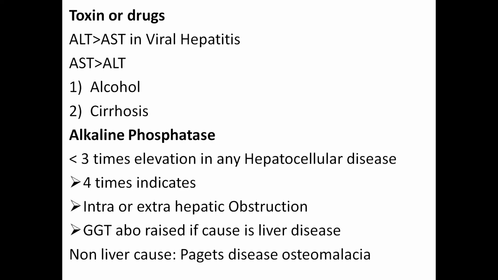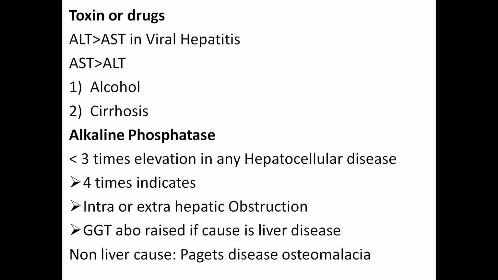So in bone, for example, in children or adolescents, when there is rapid growth of the bone, you will find increased alkaline phosphatase without any liver disease. And increased alkaline phosphatase is a common feature during pregnancy. Other bone diseases that cause increased alkaline phosphatase are osteomalacia and Paget's disease.